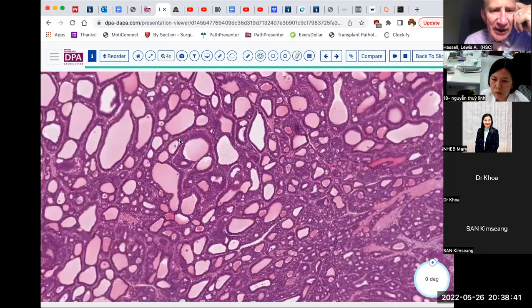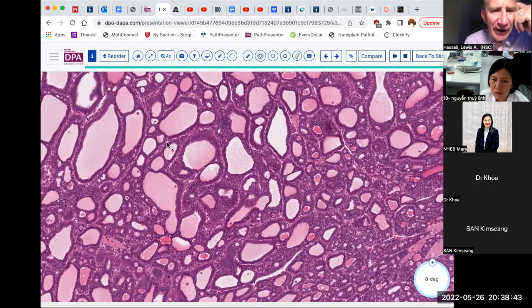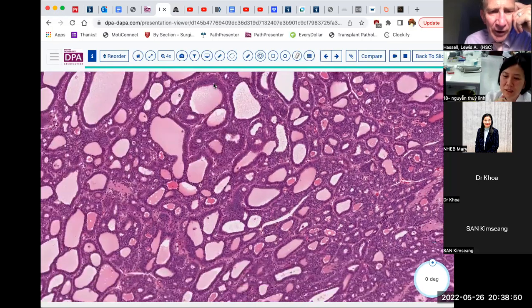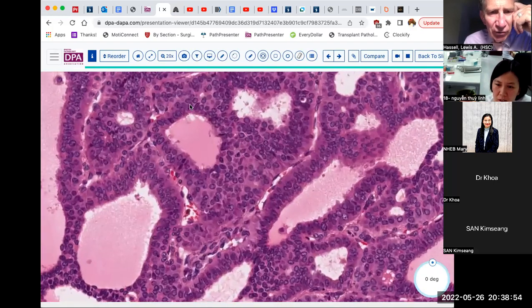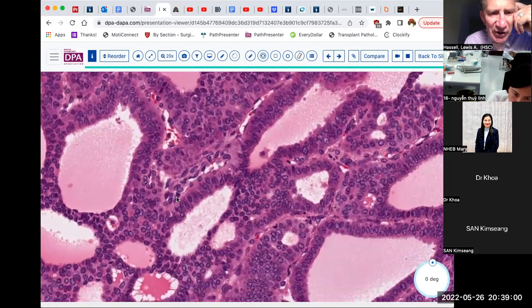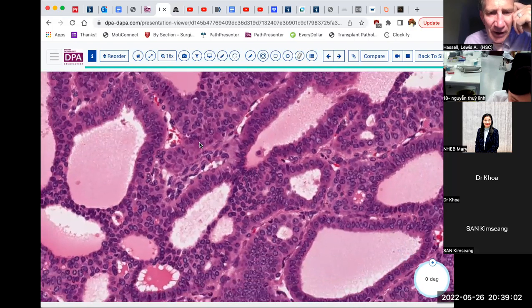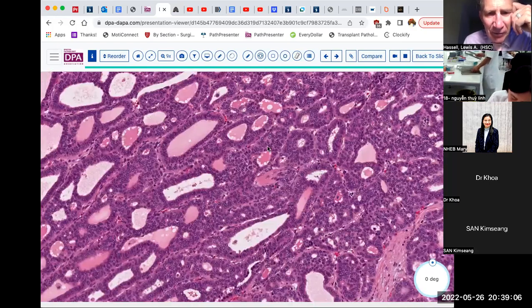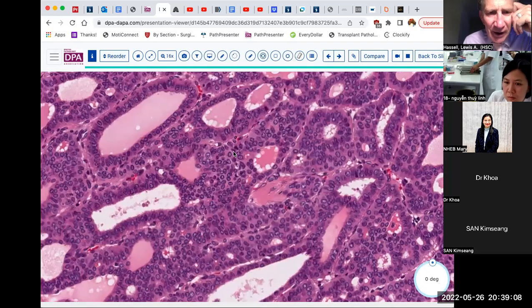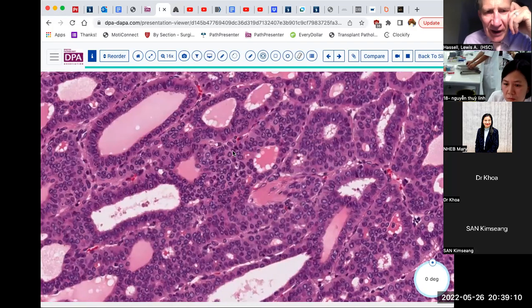So as you can see, we have large glandular spaces filled with a sort of clear, pale fluid. We have fairly low to intermediate grade cytology, some gland-like formation, and some more solid areas in between. So this doesn't look a whole lot like the other cholangiocarcinomas that we have seen.